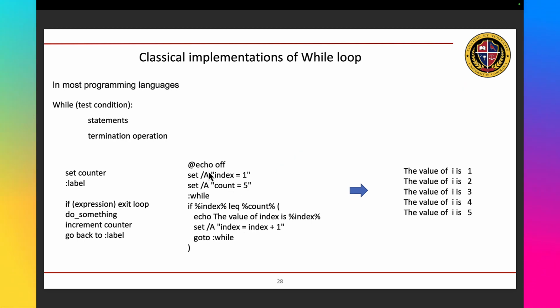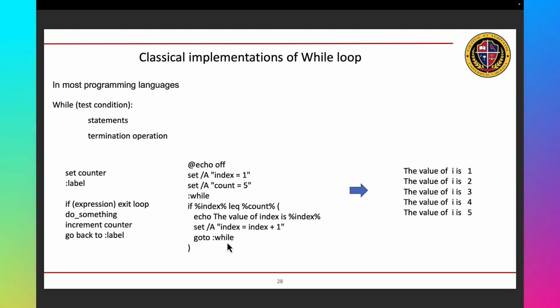Let's look at an example of a code snippet with this implementation. So here we set the value of index to 1 and the value of count to 5. And this is a while label which we will go to whenever the condition is not met. Now we check if the index is less than or equal to count. Yes, it's less than count. Then we perform the action by outputting the value of index on the screen. Here, we carry out the update operation, which in this case is increasing the value of index by 1.